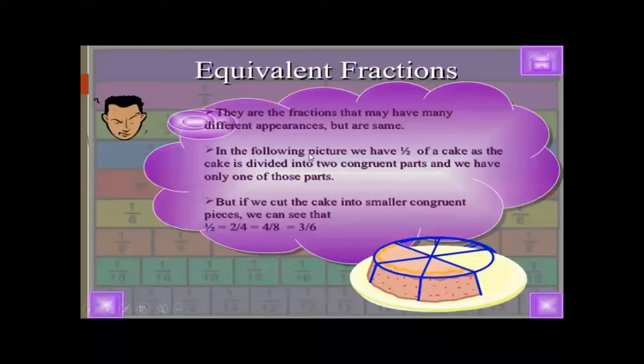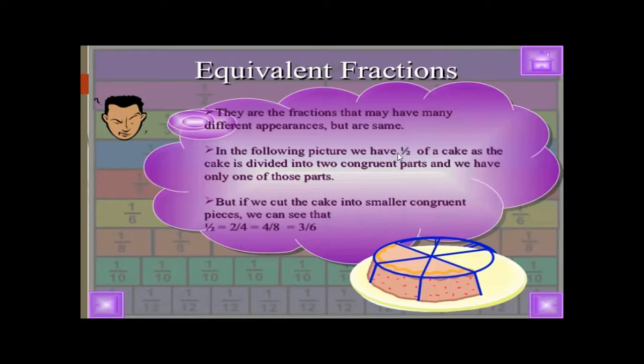In the following pictures we have 1 upon 2 of a cake, as the cake is divided into two congruent pieces, and we have only one of those parts. We have used one part of two parts.